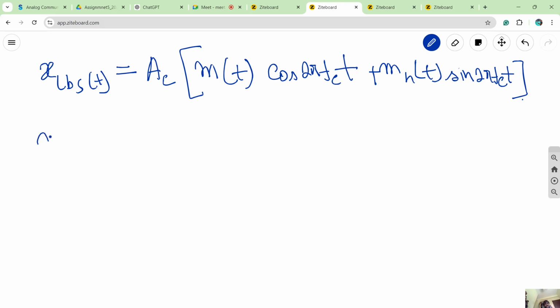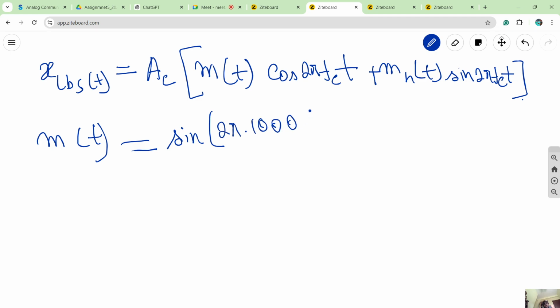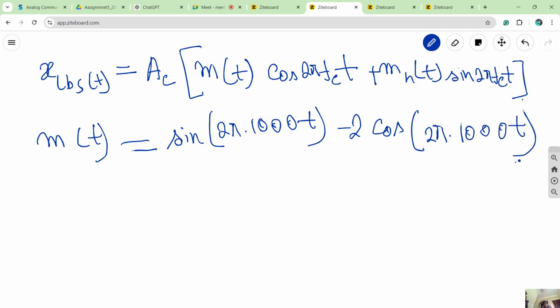So the message signal m(t) is given as sine of 2 pi into 1000t minus 2 cos 2 pi into 1000t.